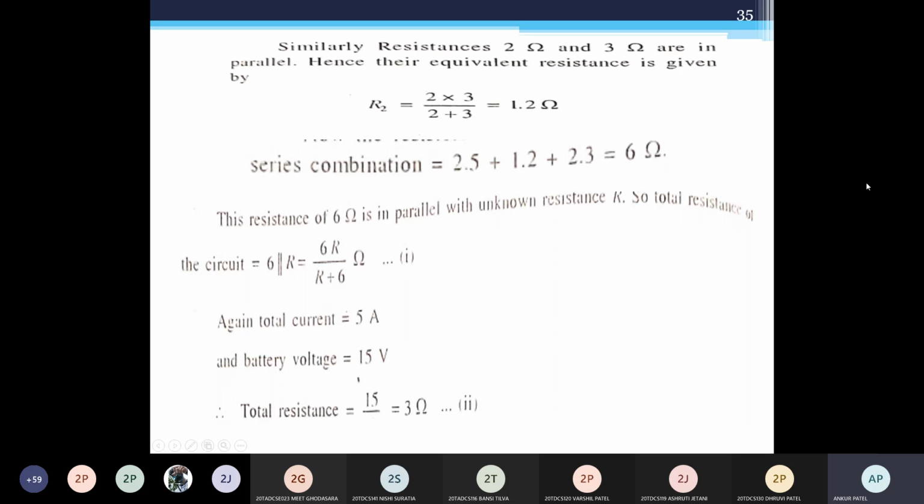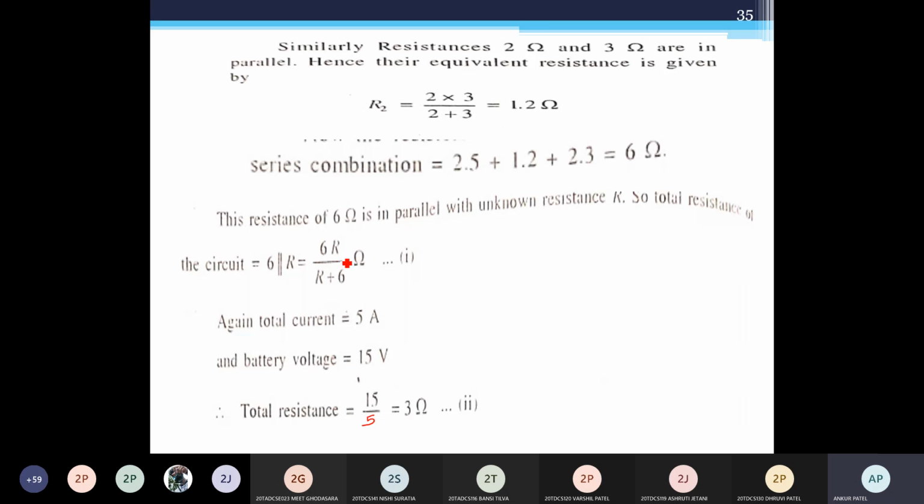First, I need to find the total resistance of the circuit. Current is given, voltage is given, so I can find total resistance, that is V by I. So 15 by 5, that is 3 ohm, where 5 is your current. So total resistance is 3 ohm.